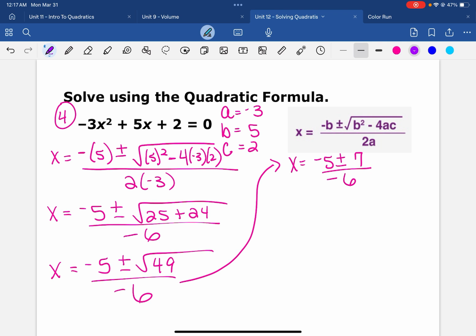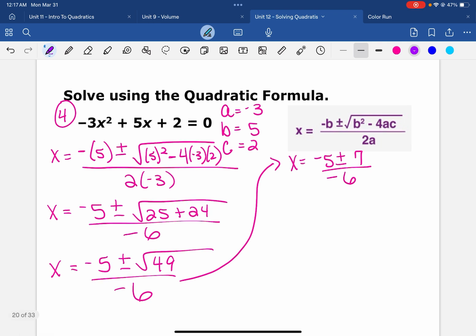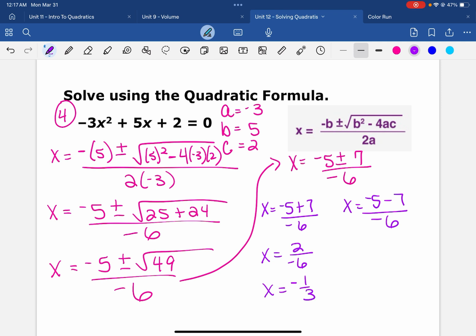Okay, break it down. Let's do two different equations now. X is equal to -5 plus 7 over -6. X is equal to -5 minus 7 over -6. The first one, X is equal to 2 over -6, which simplifies to a -1/3.